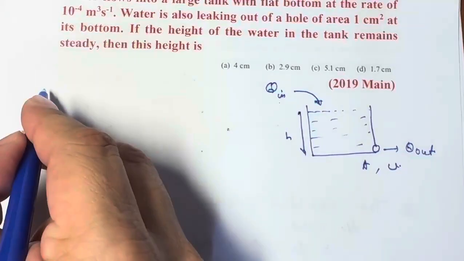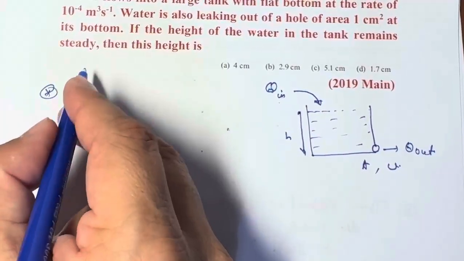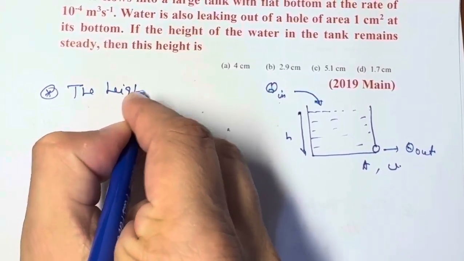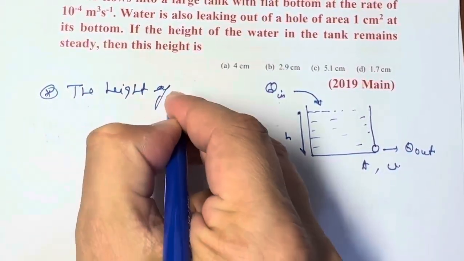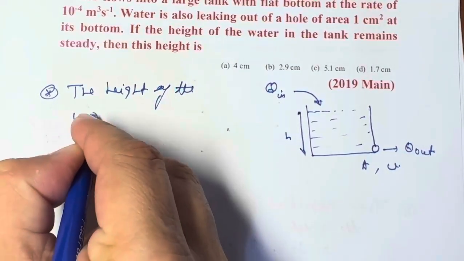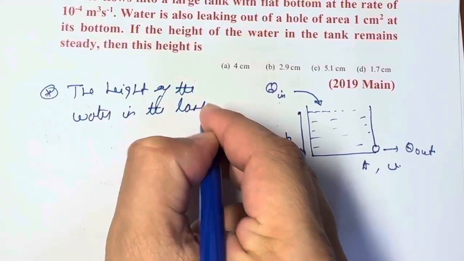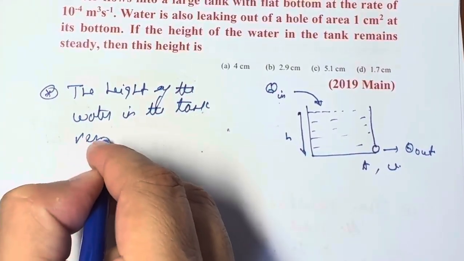So we start from here only. It is given that the height of the water in the tank remains steady.